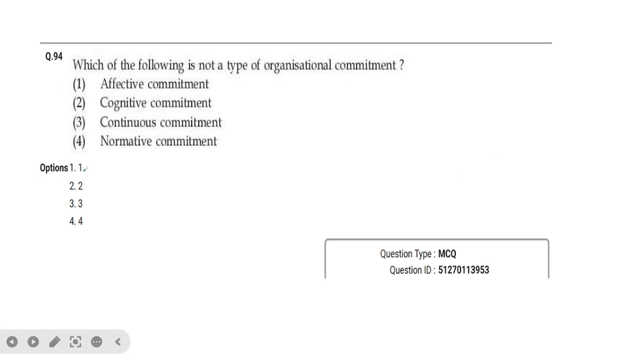Question number 94: which of the following is not a type of organizational commitment? There are three types of organizational commitment: affective, continuance, normative. Cognitive is not an organizational commitment. So option 2 will be the right option.